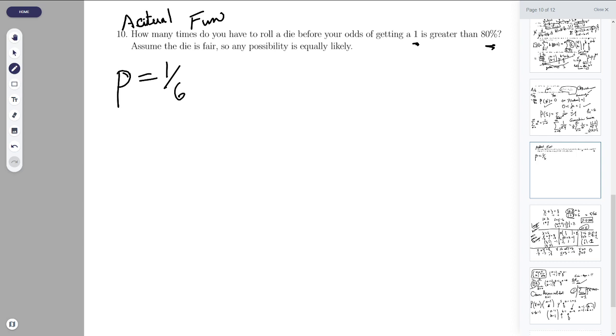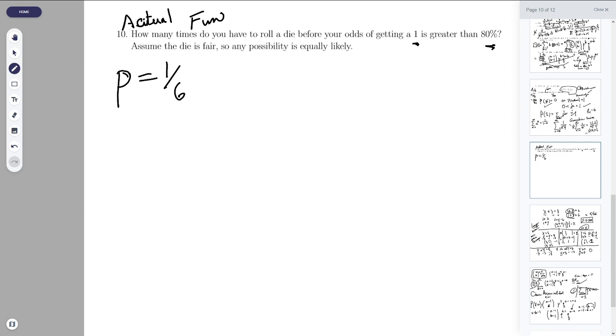And so the question is, what is n, how many times do we have to roll before the odds of getting a 1 are greater than 80%? If we roll it once, then our odds are 1/6, which is not big enough. If we roll it twice, then it's going to be something around 2/6, right?